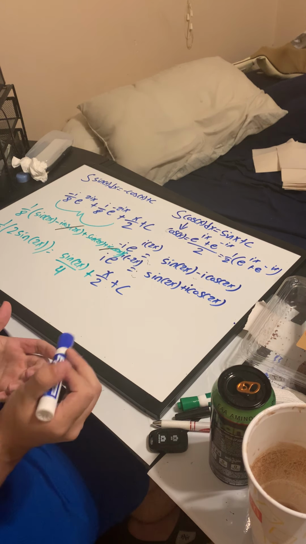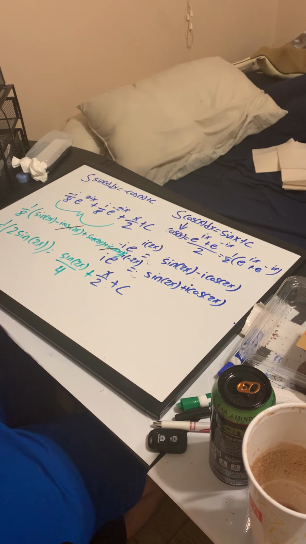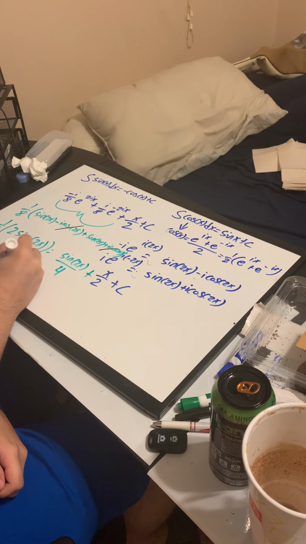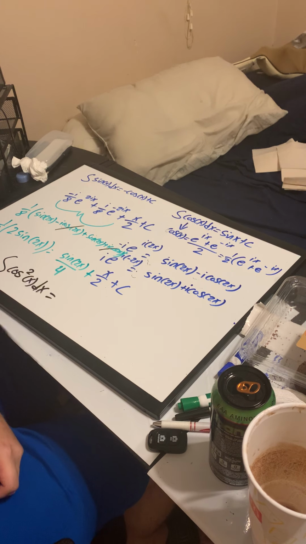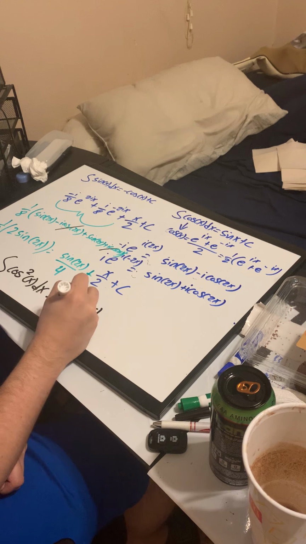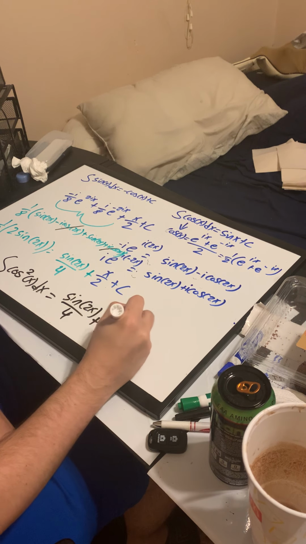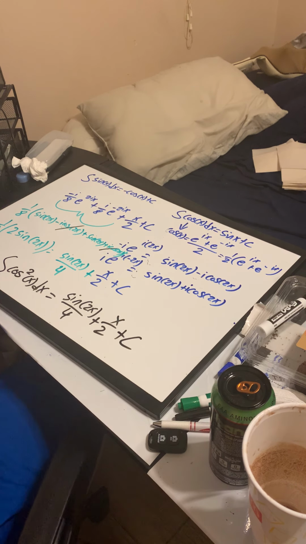So what did we just do? Without using any trigonometric substitution, we just saw that the integral of cosine squared of x with respect to x is equal to sine of 2x over 4 plus x over 2 plus c. And I believe if you look this up in any table, which I will do now, I'm not going to show it on my screen, but hopefully you can hear my typing.